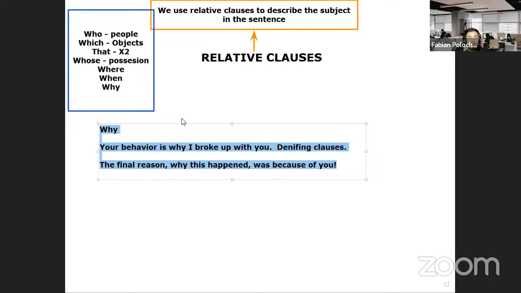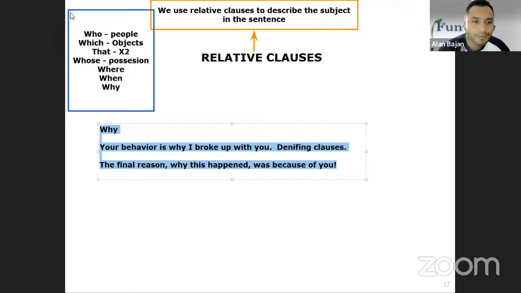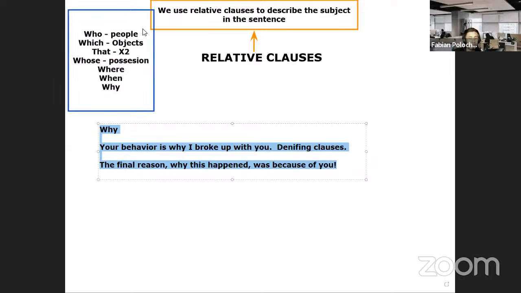Teacher, what is the meaning of was because of you? In the second sentence. Fue por tu causa. Fue por ti. Okay, in this case, because doesn't mean por qué.